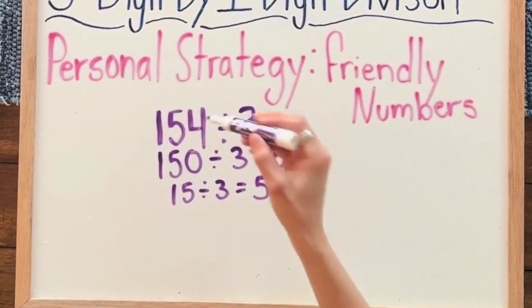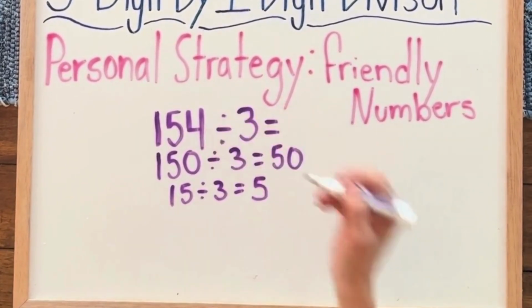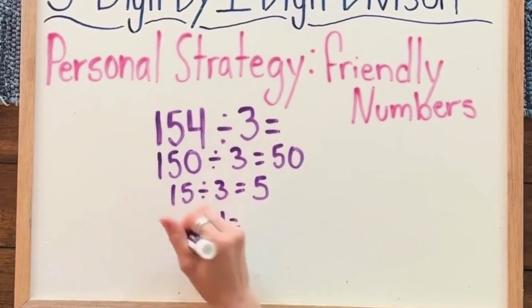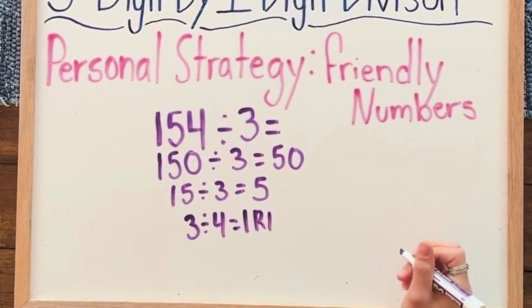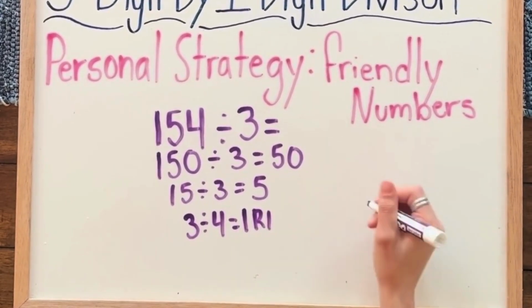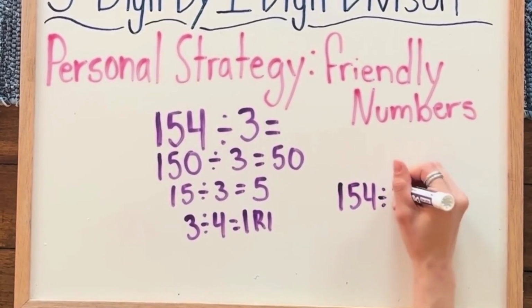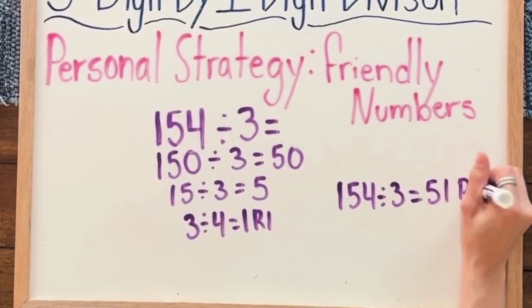Now that we've subtracted 4 to give us 150, we have to divide the 4 by 3. 3 goes into 4 one time with 1 remaining. So if we add our remainder 1 to our 50, that gives us an answer for 154 divided by 3 of 51 with a remainder of 1.